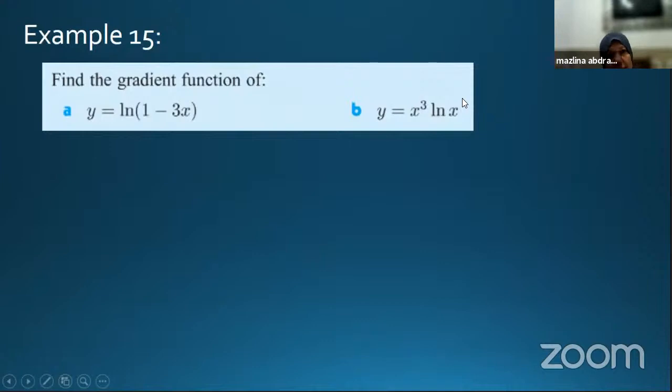Okay, try this. The gradient function. Find the gradient function of y equals ln of 1 minus 3x, and then y equals x cubed times ln x.